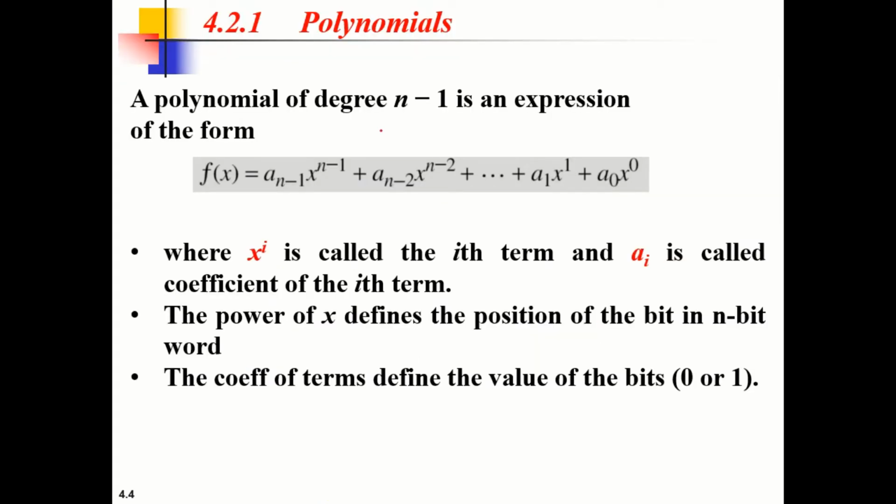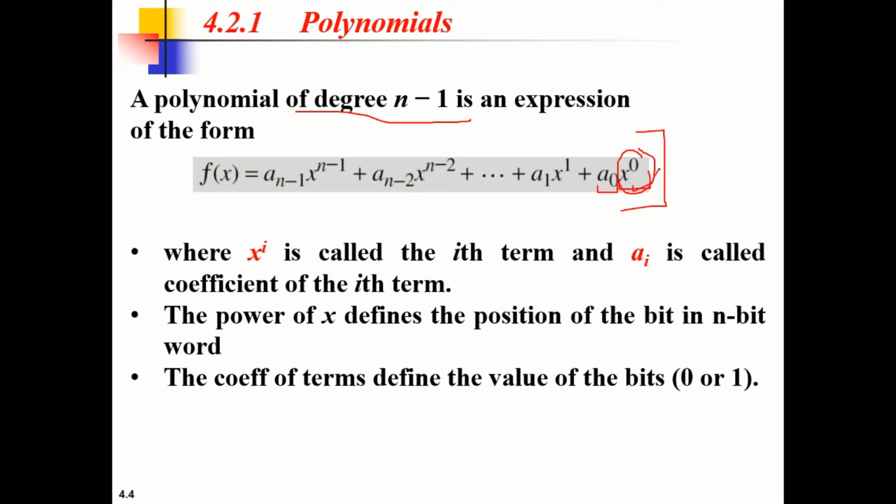Now we'll start discussing polynomials, because dealing with polynomials makes it easier to perform any operation, which is addition, multiplication, subtraction, or division. We represent a polynomial of degree n minus 1 as this expression, wherein each and every term is comprised of an a part and an x part.